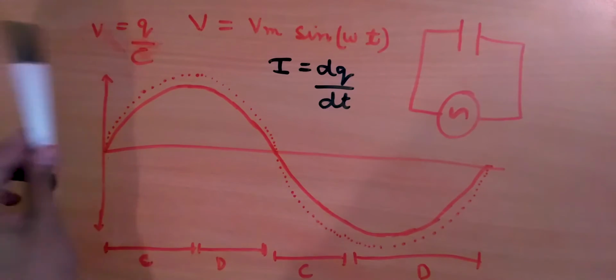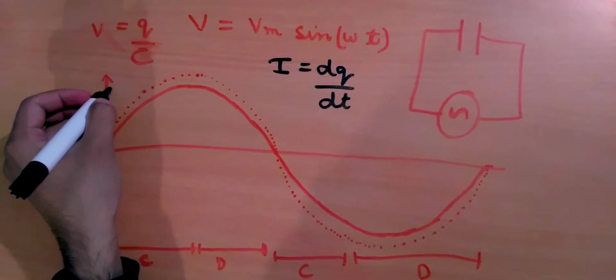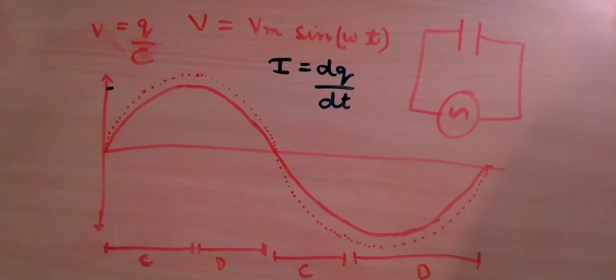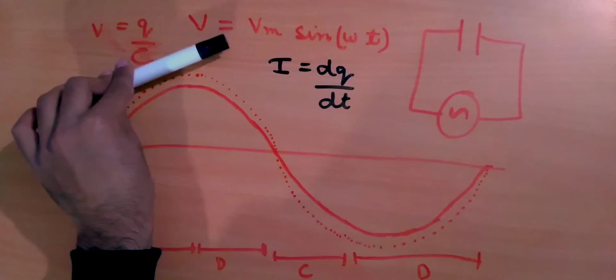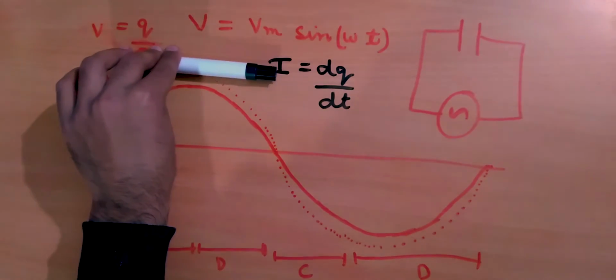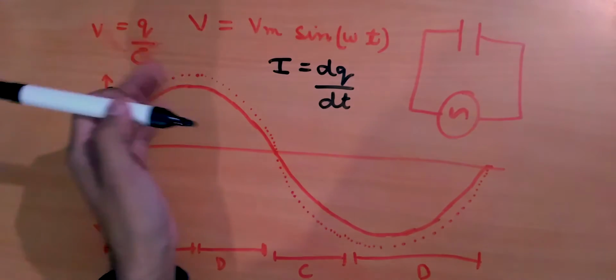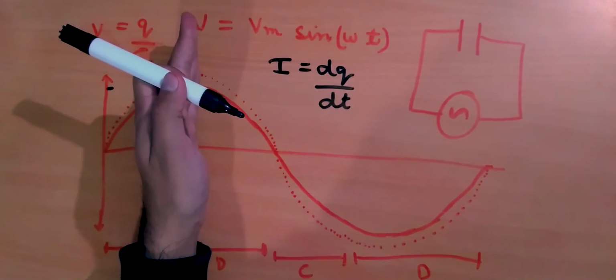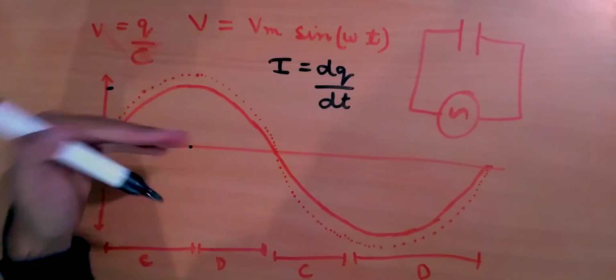Because the slope has a maximum value, the current must have a maximum value. So let's say this is the maximum value of the current, and after that the slope gradually decreases as you go upwards, and at this particular peak the slope becomes 0. So at this instant in time the slope is 0, which means the current must be 0. So current at this point in time is 0, at this level 0.